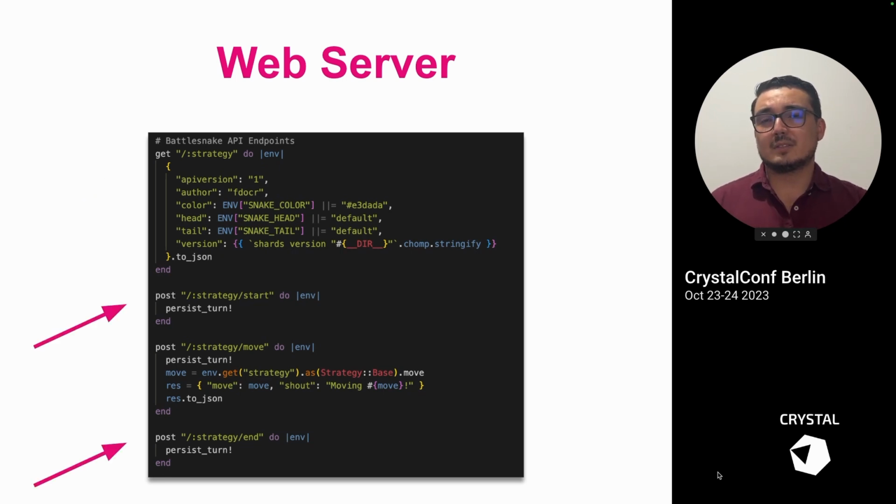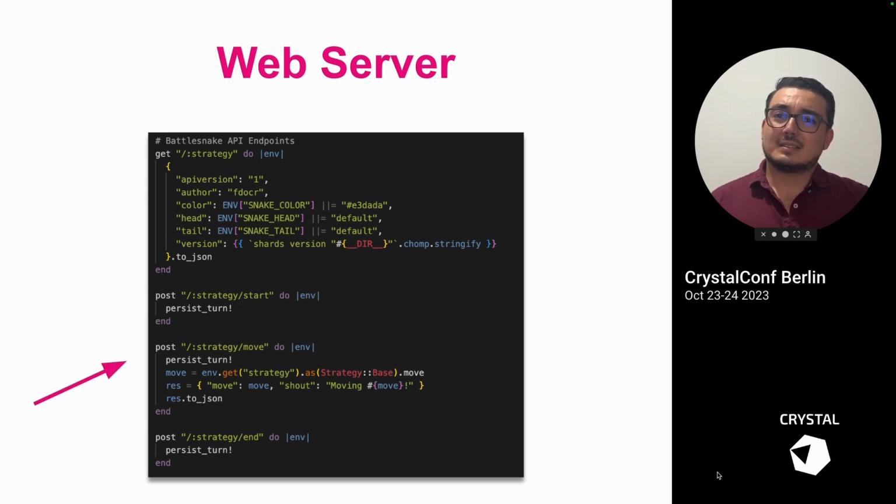These two endpoints mark the start and the end of a game, and this last endpoint is probably the most important one, and this is where the Battlesnake host that's hosting the game will pass on to each of the Battlesnakes on the board, and it will tell them, this is your context, this is the board, this is where all the enemies are located, this is where the food is at. Now you have to pick a move out of that.